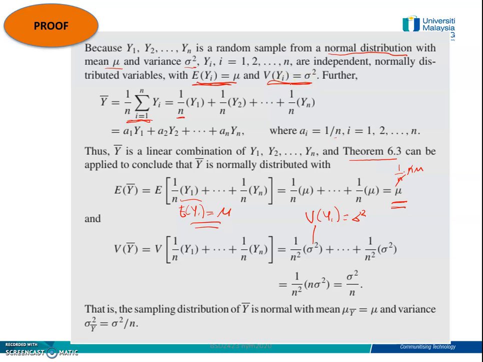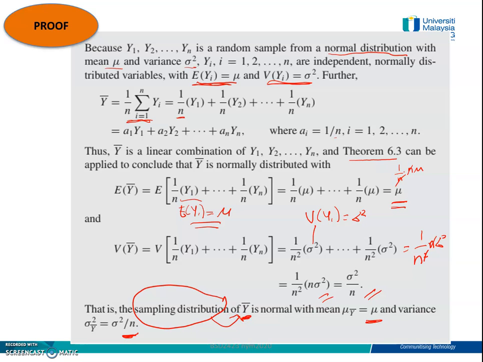So you substitute the value, and again you have 1 over n square. Because you have many sigma square, it will be n sigma square. You simplify and get sigma square over n. So it is proven that Y bar follows a normal distribution with mean equal to mu and variance equal to sigma square over n. This is called the sampling distribution for Y bar.